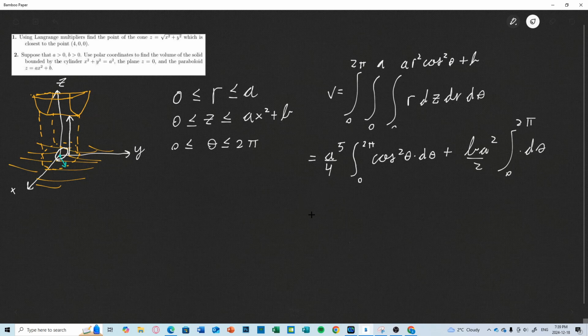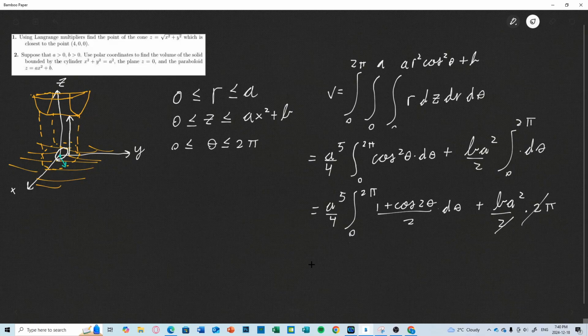So this then will become a to the 5 over 4, and then using trig identities, we could do 0 to 2 pi, 1 plus cos 2 theta over 2 times d theta. Since there's nothing to integrate here, we'll just go by the bounds, which will be b a squared over 2 multiplied by 2 pi, and the 2's will cancel there.